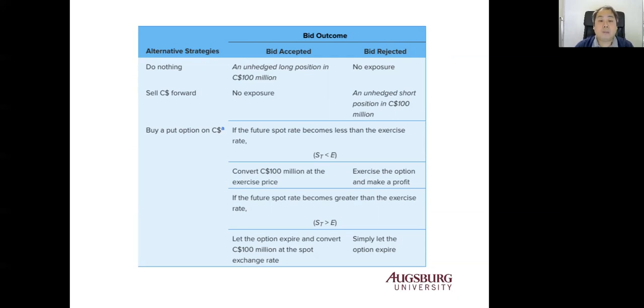If the future spot rate becomes greater so that you don't exercise it, then if bid is accepted, then you just exchange this Canadian dollar, $100 million at a spot rate and pay it. Or if bid is rejected, you pay option premium and just let option expire. So you have three choices, and each strategy leads to a slightly different exposure in each case.